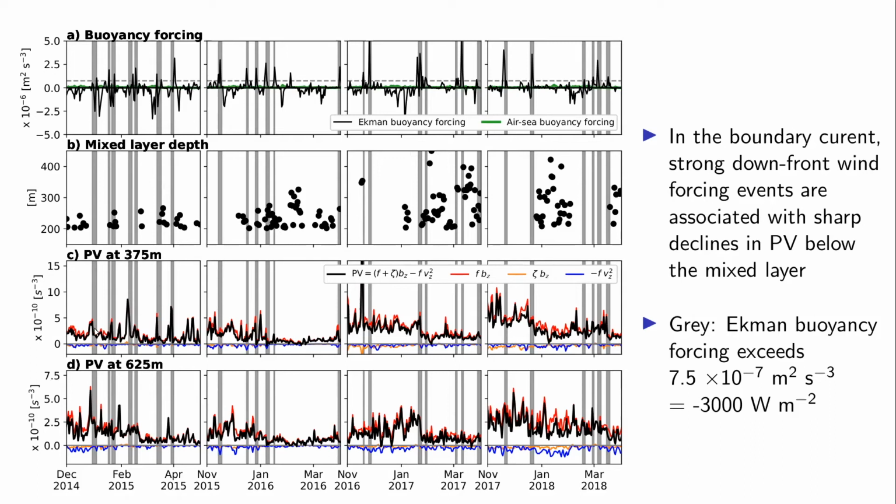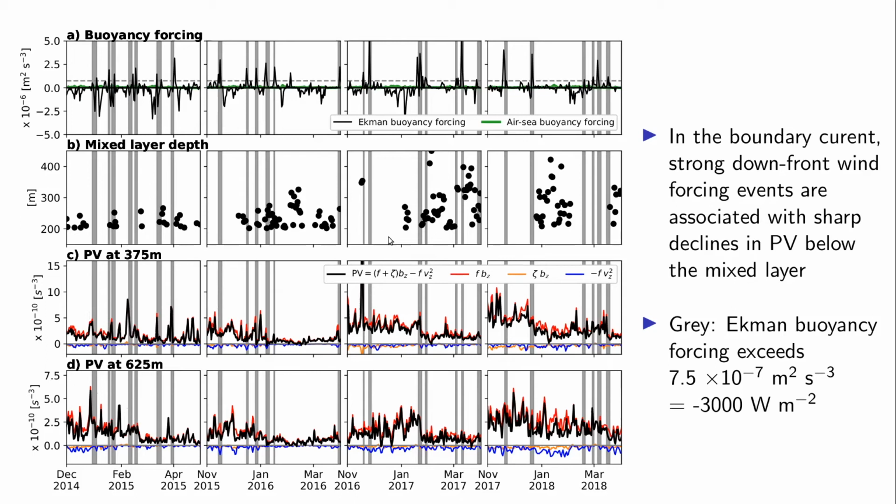And you can see that where we have this Ekman buoyancy forcing, we also pretty commonly have drops in PV, which we would expect, which is consistent with a slantwise convection kind of response. And again, these are well below the mixed layer. And you can also see that often there's an increase in PV before there's a decrease.